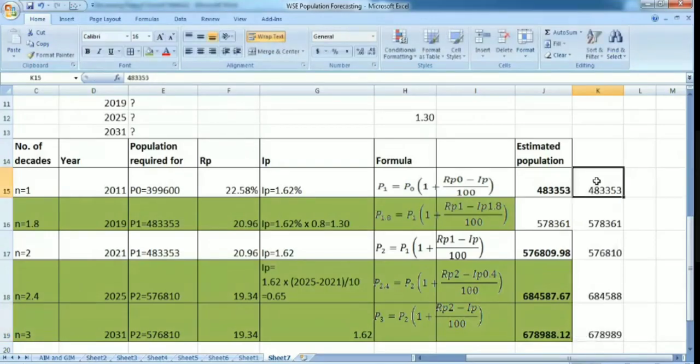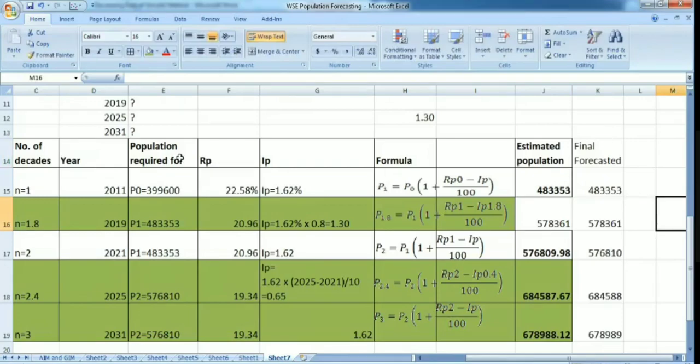These are the final values, rounded off, and they will be the final forecasted population. I have not done any magic here.